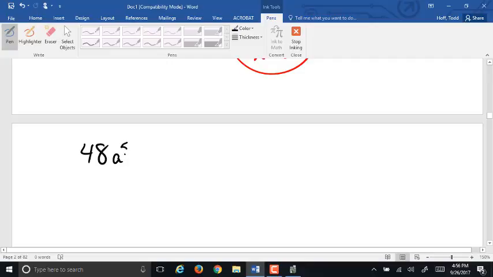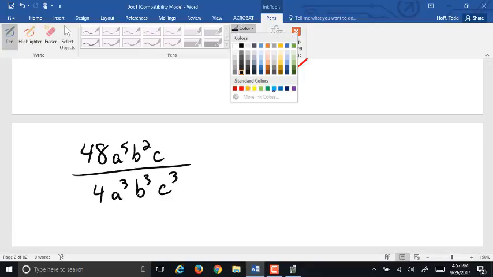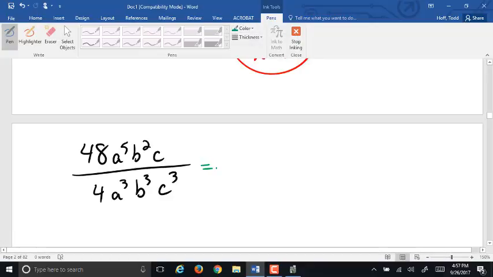48, a to the 5, b to the second, c, over 4, a to the third, b to the third, c to the third. As you can tell, my creativity is waning for the day. So we're going to divide the numbers first.